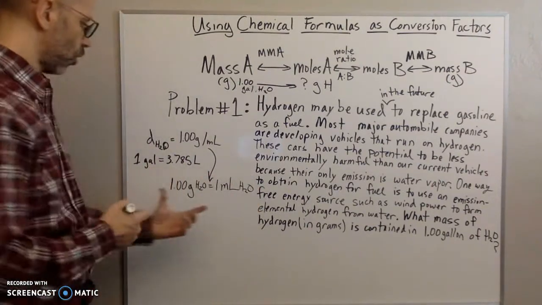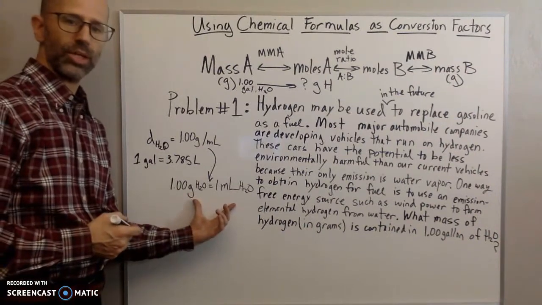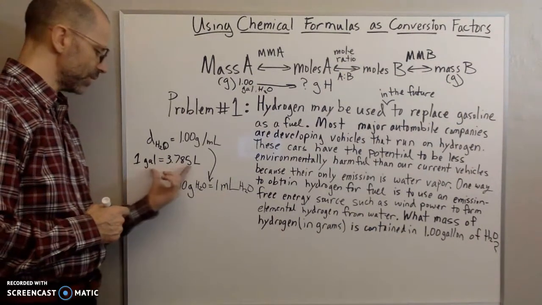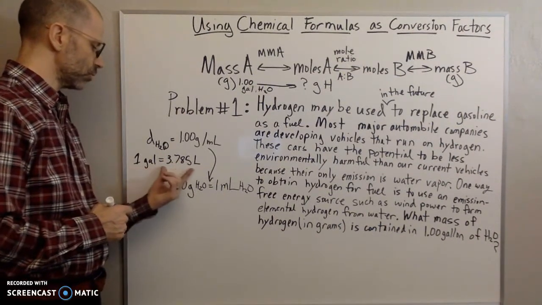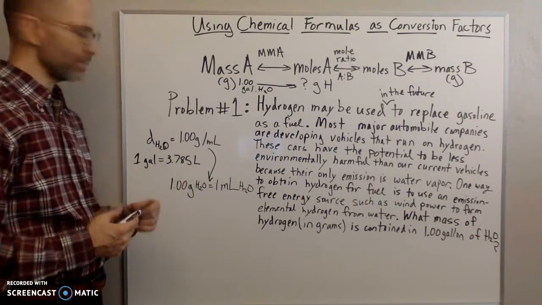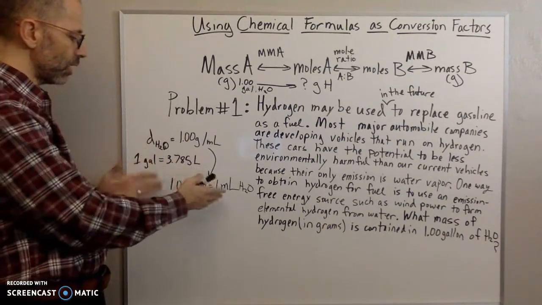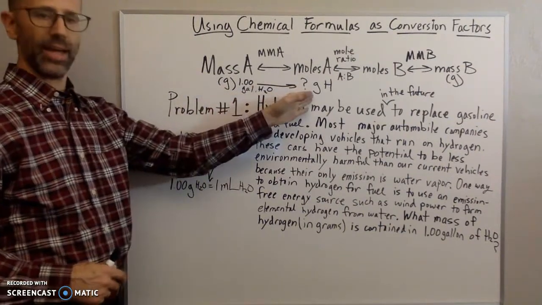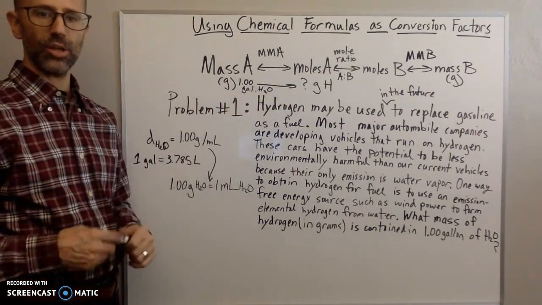So we have a relationship there that we can use. And we need a relationship between gallons and liters. 1 gallon is equal to 3.785 liters. Given these relationships and given where we need to start and end, we can go ahead and start this problem.